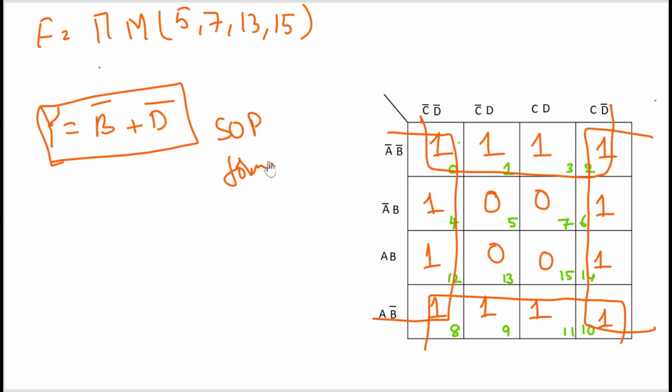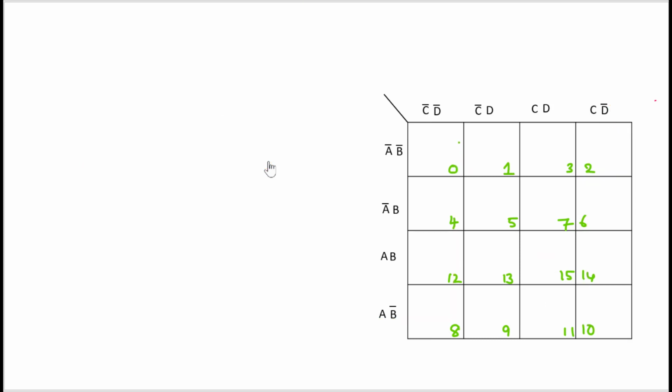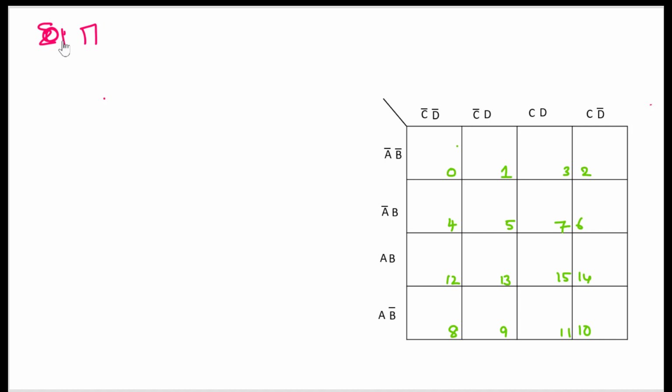I will try to see some POS form also. F equals pi capital M 2, 5, 6, 7, then 10, 13, 14, 15.